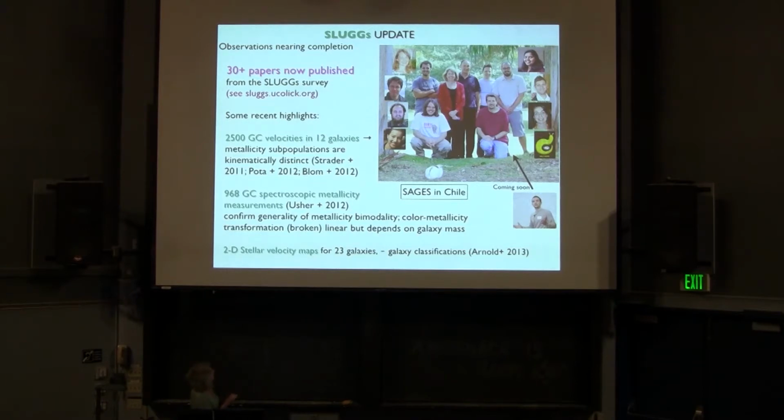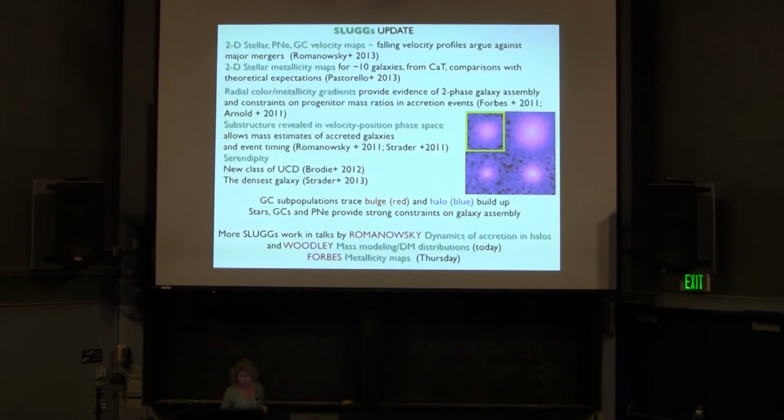We've got Jacob Arnold's about to submit a paper with 23 galaxies with two-dimensional velocity maps. I've already talked about the work that Aaron's leading on the velocity maps and their comparison with the cosmological and other simulations.